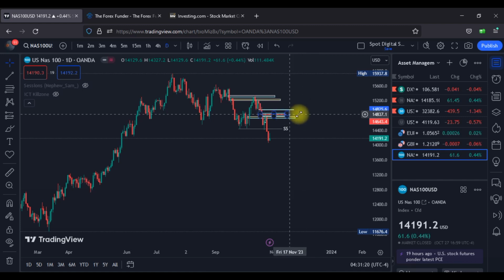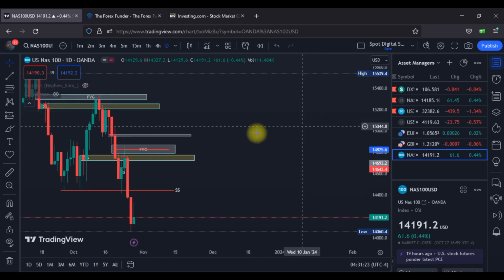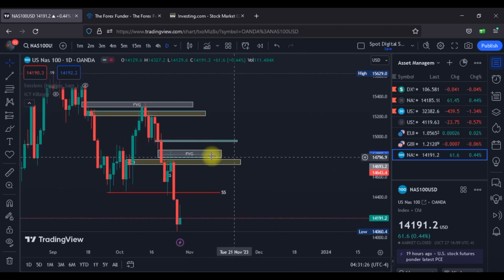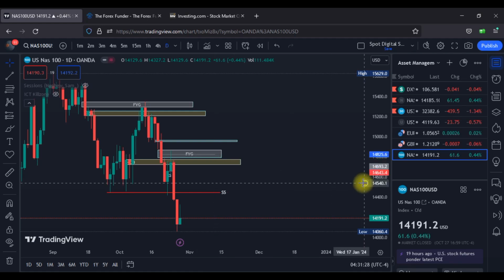The fair value gap, which you can see here, the red line there is about 50% of that fair value gap. So ICT taught us that when you are targeting internal range liquidity, you put it in percentage. At first 25%, next 50%, next 75%, next 100%.